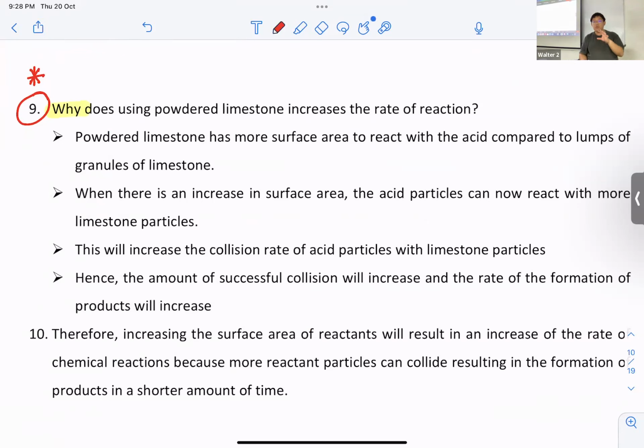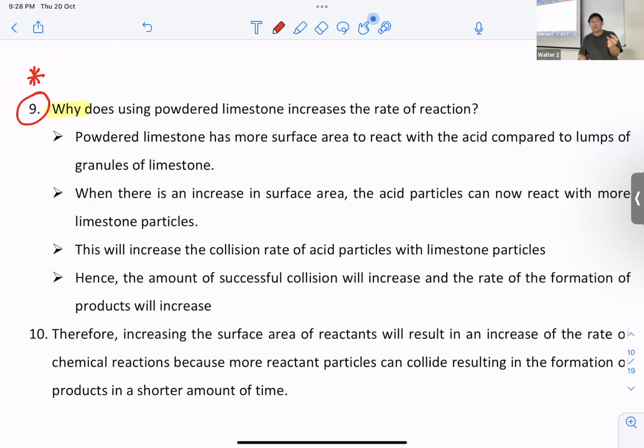You have to make sure you understand what is particle size and what is the total surface area exposed. When we say particle size, we talk about the size of the reactants, which means, for example, powdered means very fine particles. Chunks means huge particles.